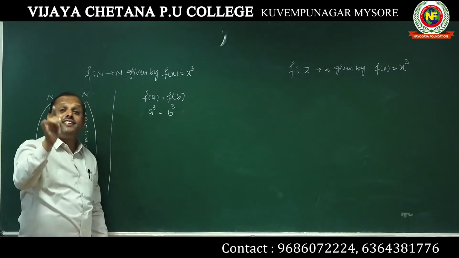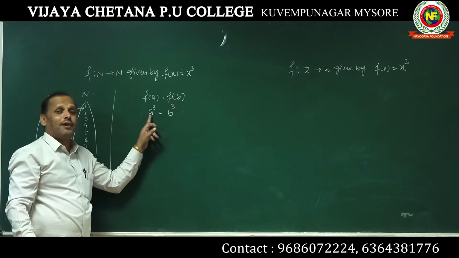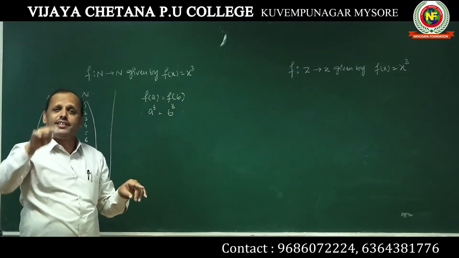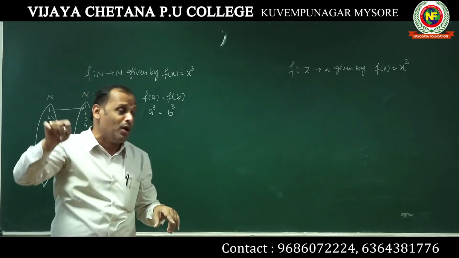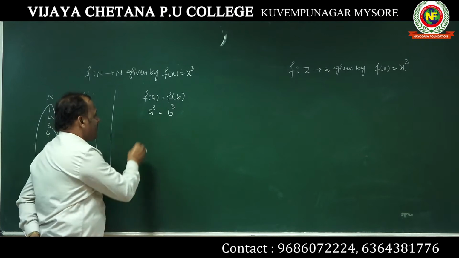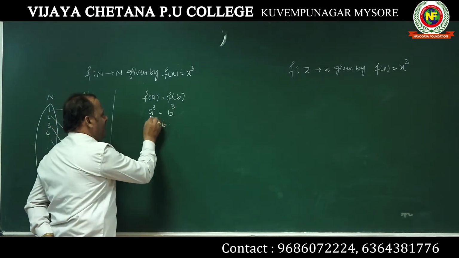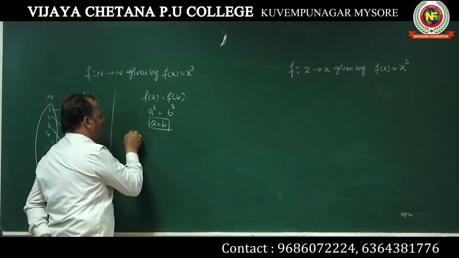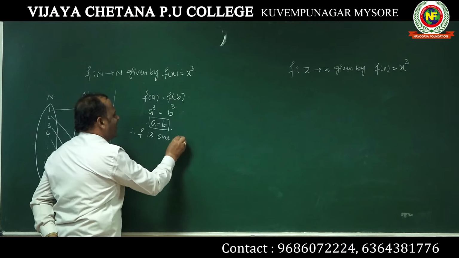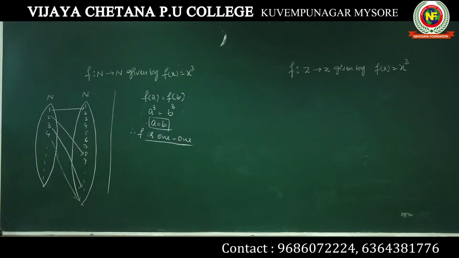According to the theory of indices, when the powers are the same, the bases are also the same. Therefore a equals b. Therefore f is 1-1.